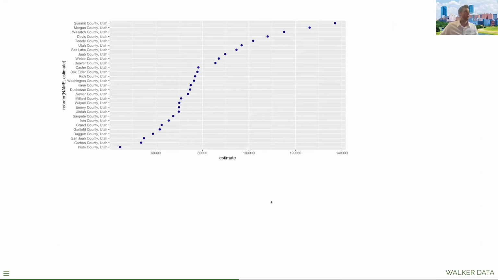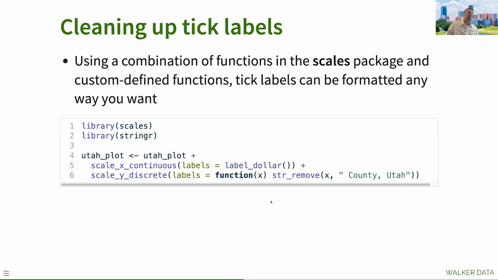We're still going to want to do some additional customization though. And this is where we can add some custom programming. For those of you who are brand new to R, some of this will feel a little bit more advanced, but hopefully it gives you a sense of the power of what you can do. So what I'm doing here is I'm using a built-in labeling function and adding in a call to scale_x_continuous.